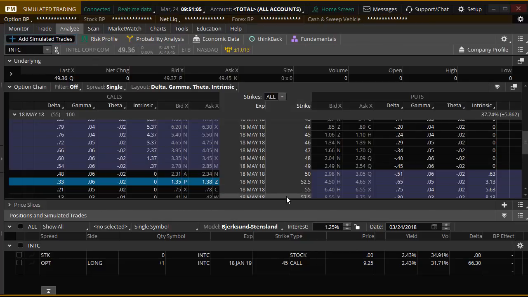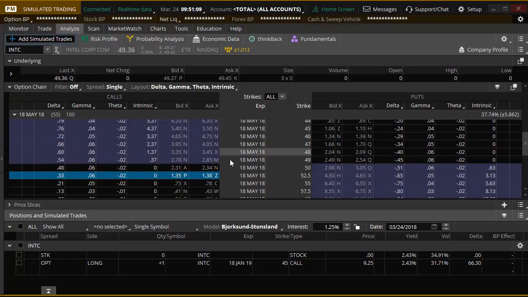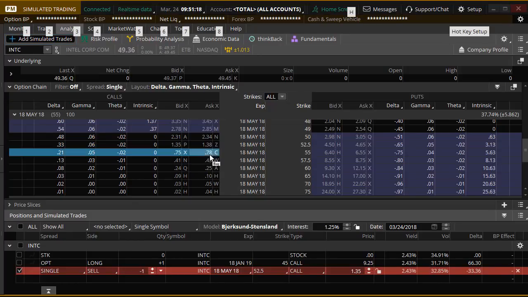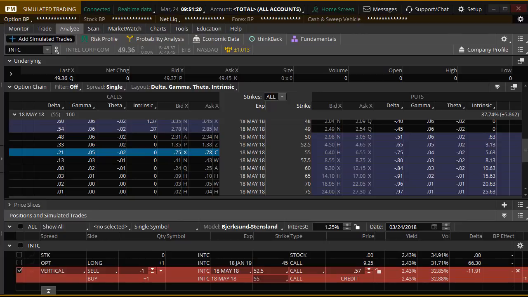Let's put on a call credit spread. Same trade. We're going to take our short-term option here, and we're going to put on a call credit spread. We're going to sell the one that's about 30 deltas. We're going to buy the one further out from that. Doesn't matter if it's a $2 or $1 or $2.50, whatever it is, and we collect a credit to put on the trade.